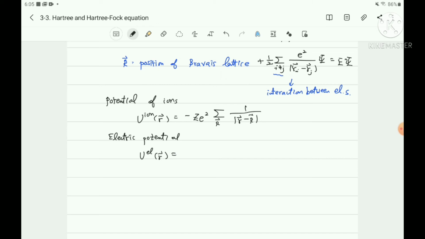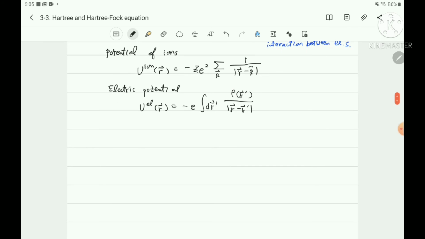Therefore we can think about the charge density in minus e integral dr prime, as a charge density distribution.